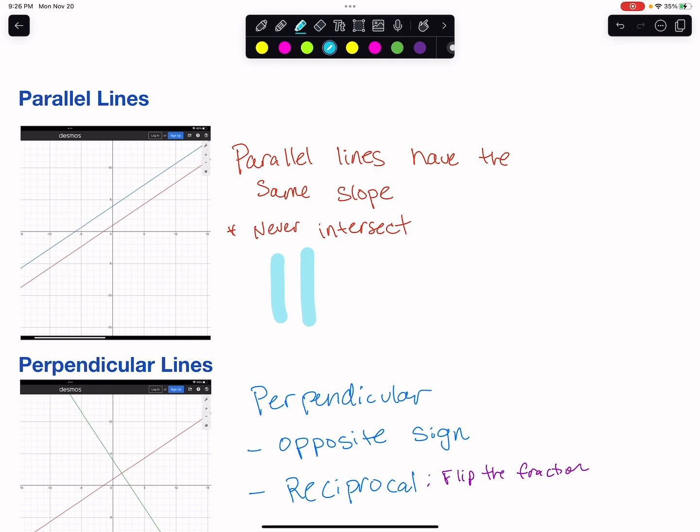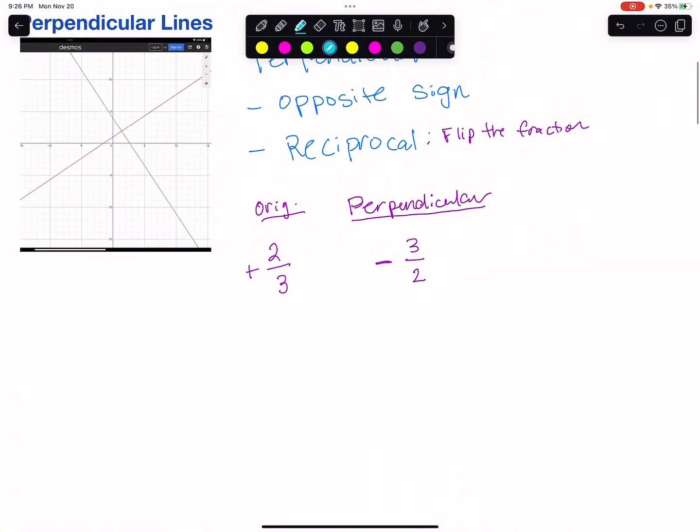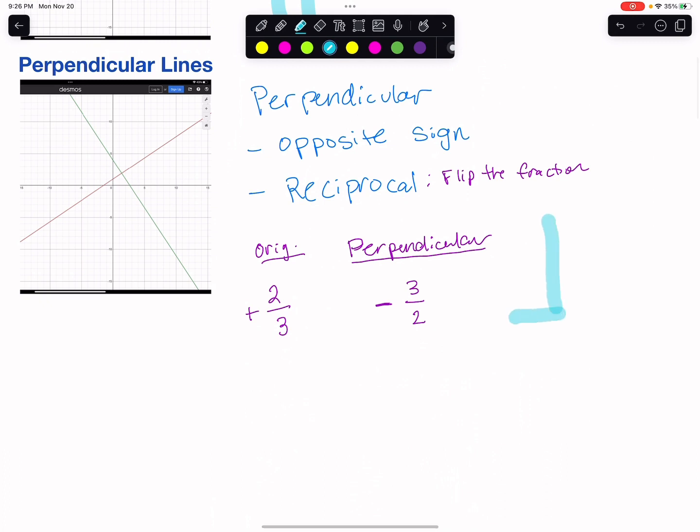Parallel lines have no intersection. And perpendicular lines, that symbol is this one, and it's a symbol because it makes a 90-degree angle, okay? So we have to have the opposite sign and the reciprocal.